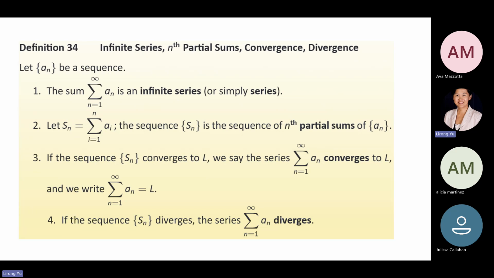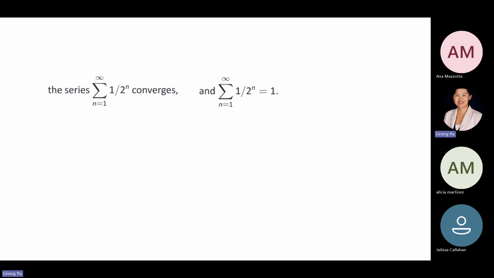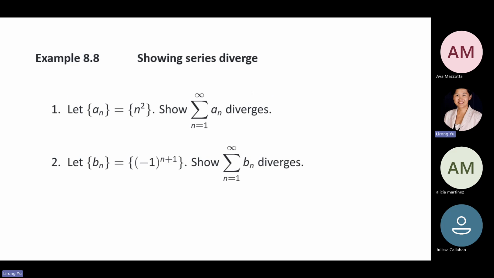If this sequence has a limit, then the original series converges. If S_n does not have a limit, then the original series diverges. So those are the definitions of converge and diverge of a series. According to what we said, the series, the summation of 1 over 2 to the power n, converges and the infinite sum equals 1.